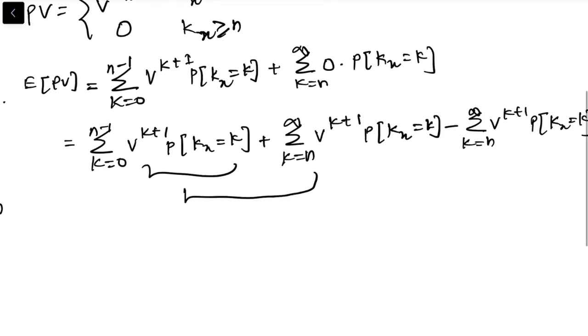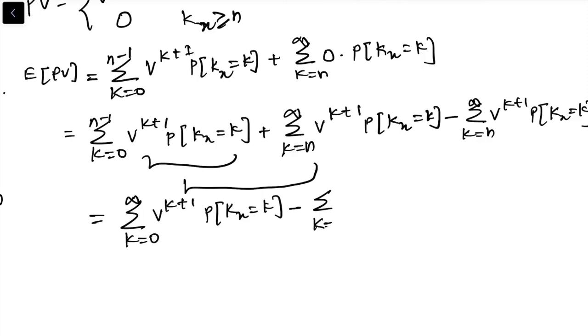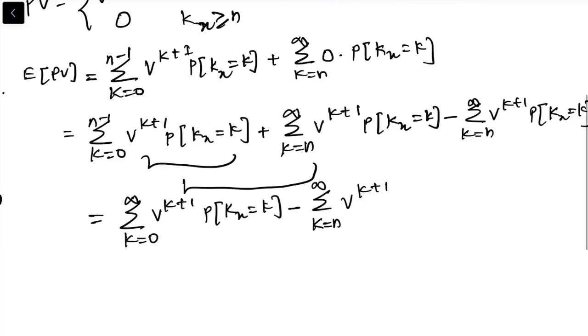Now if you combine these two terms, this is k equals 0 to infinity, v to the power k plus 1, probability Kx equals k, right? And the last term is k equals n to infinity, v^(k+1), and then the probability Kx equals k.